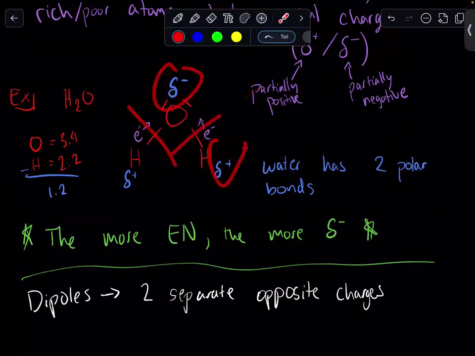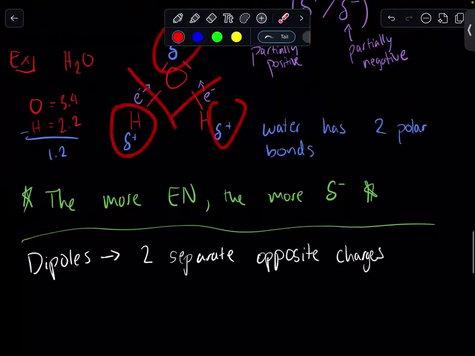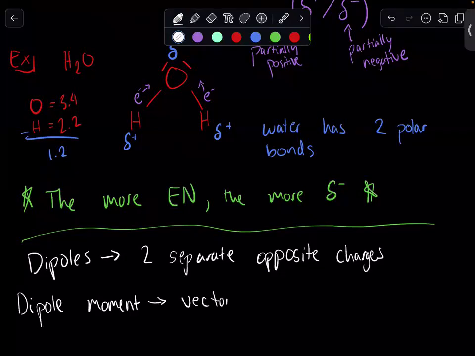Water, we have two sets of dipoles, but we do get these two separate opposite charges. We can show this with what we call a dipole moment. A dipole moment is a vector that shows dipoles.